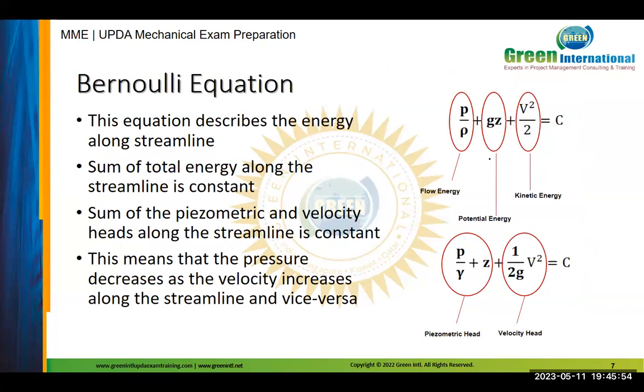The first two terms here are related to the piezometric head. But what is head when we talk about energy? The energy can be described by its unit, which is joule for each term, and I can also describe it by head, like meter.